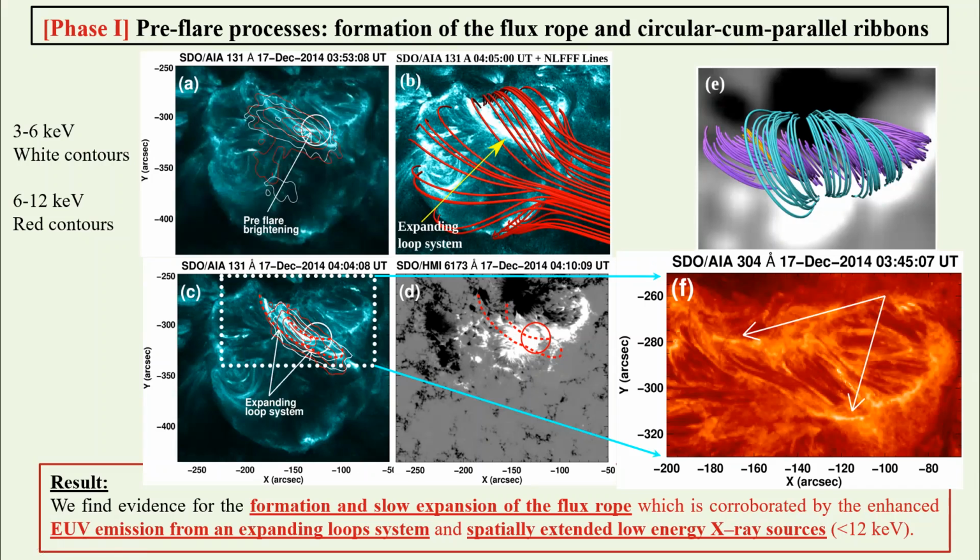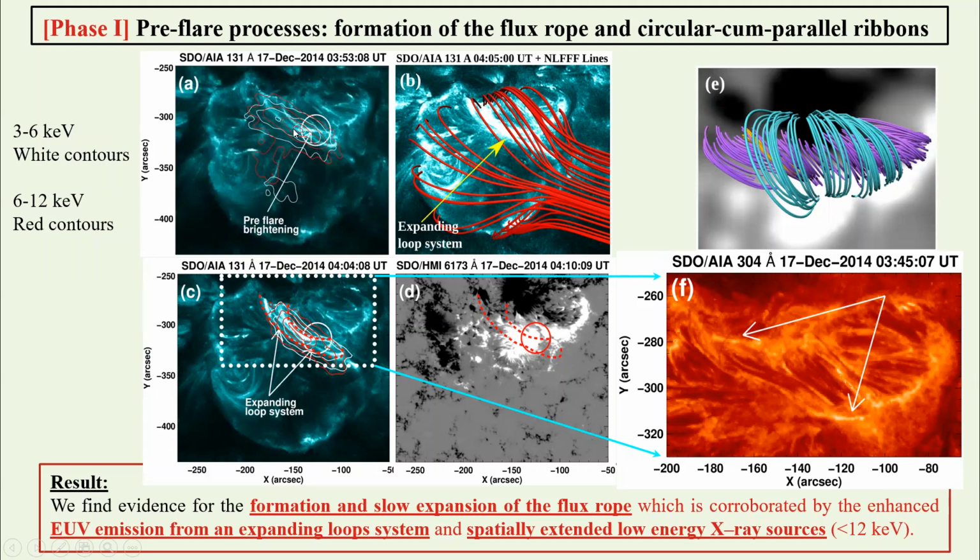Initially, if you look at figure ABCD, you can see the SDO AIA 131 angstrom images in panel A. The contours are the RHESSI contours of 3 to 6 and 6 to 12 keV. These are the X-ray contours.